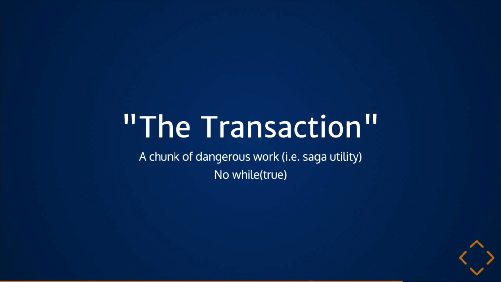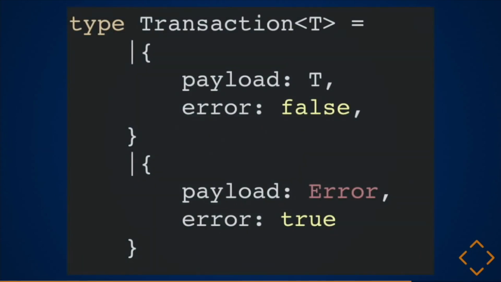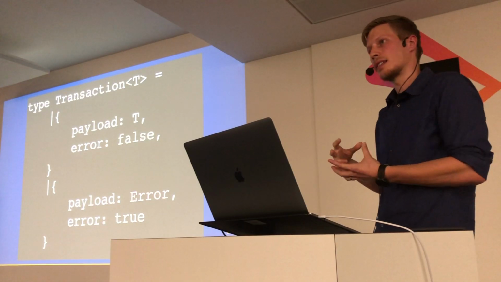And the transaction is simply a chunk of dangerous work. It doesn't use the while true. It's simply a utility function. And when you implement this handy transaction return type, you can see that we're making a guarantee to our watcher that the transaction is going to completely encapsulate any side effects.